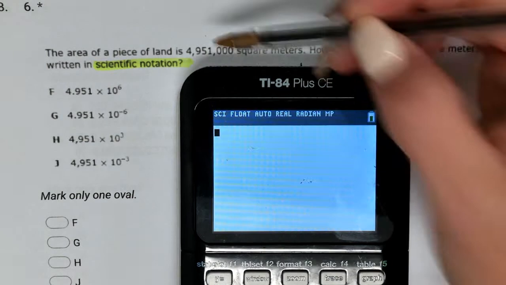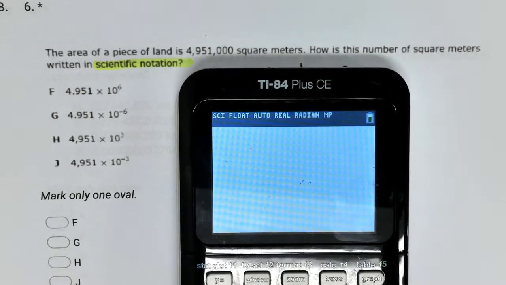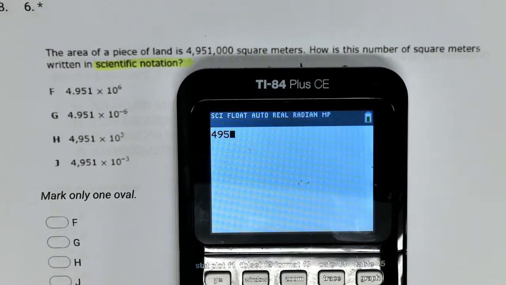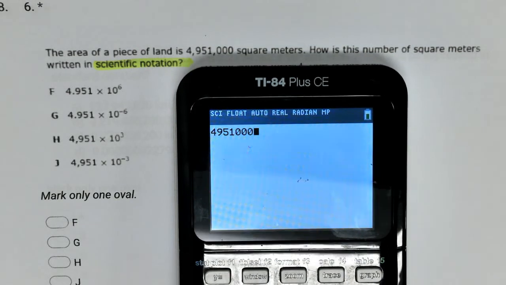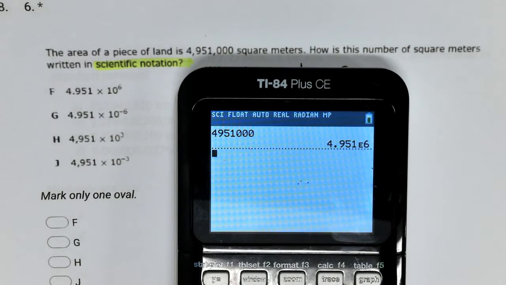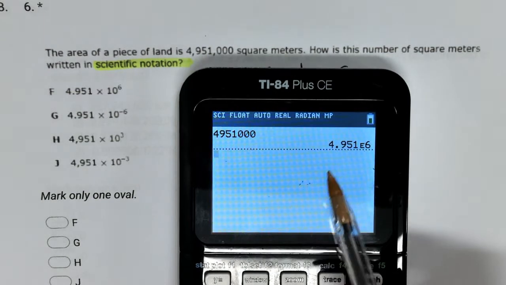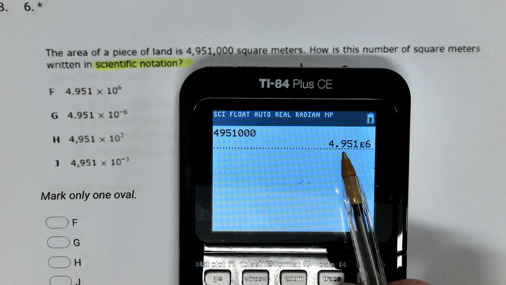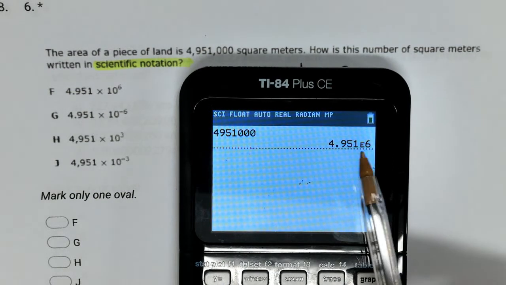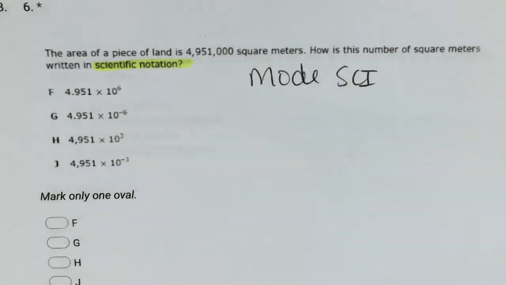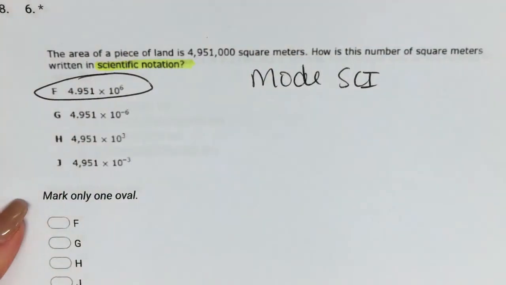Do I type commas? No. 4951000. Enter. There's my answer. 4 decimal 951 with an exponent of 6. So the answer was F.